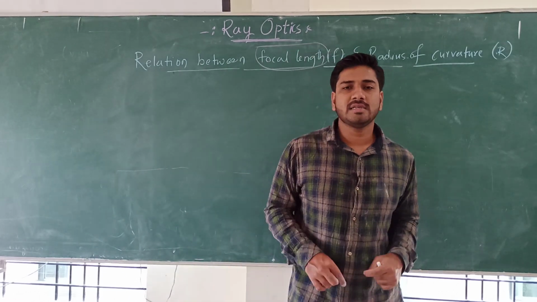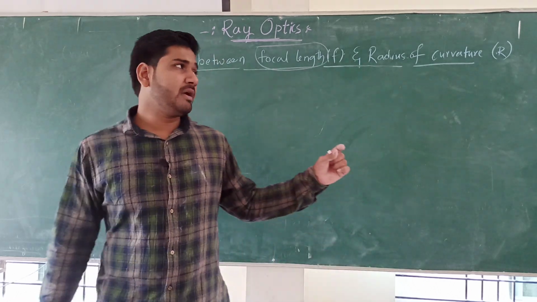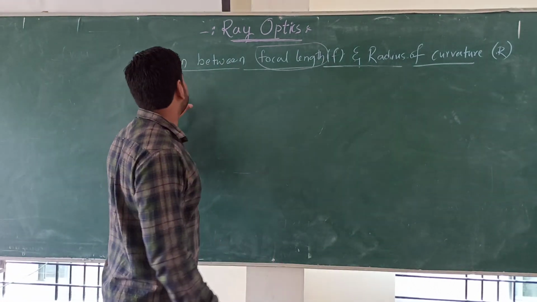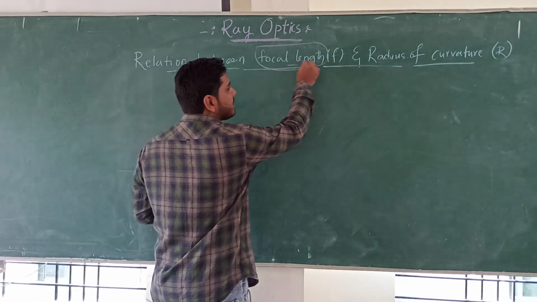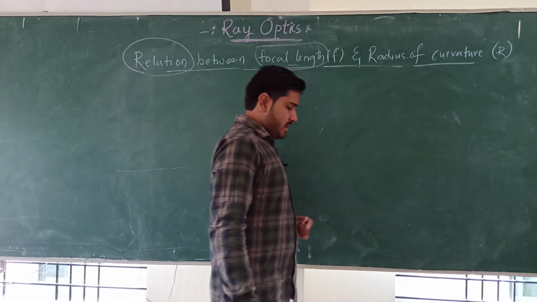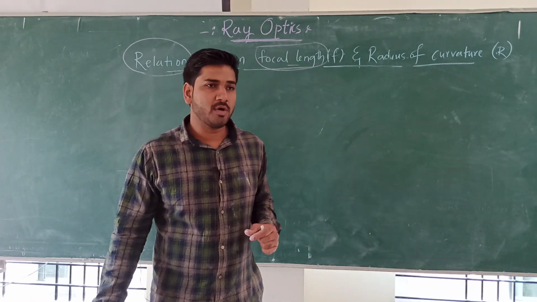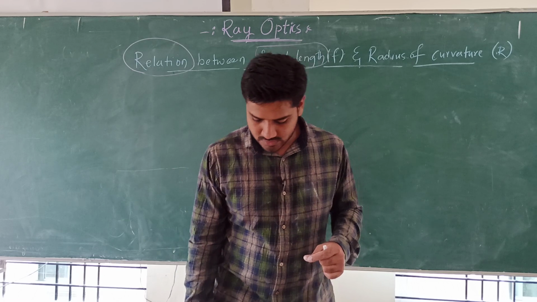There is one relation between them, and we are going to derive that relation in today's class. It is a very important relation and a very important formula. So let's start.